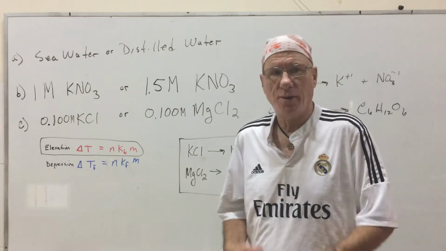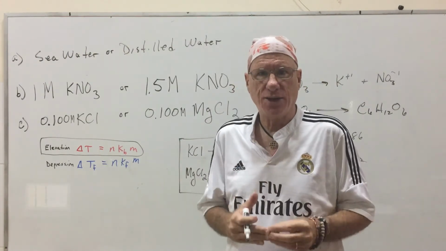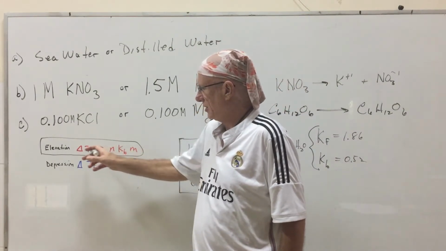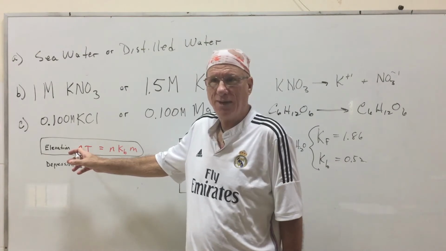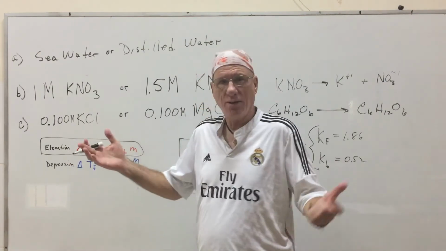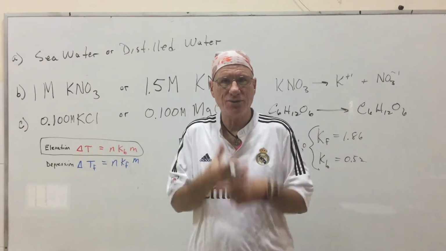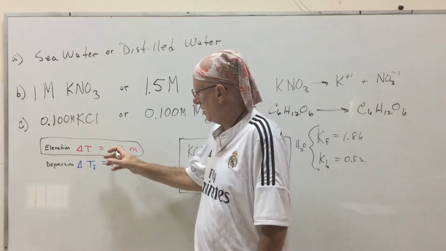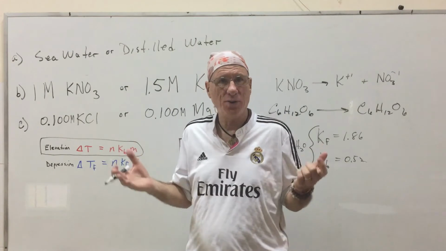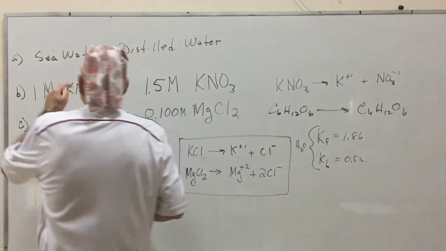Pure H2O has a boiling point of 100 degrees Celsius. It has no elevation. Has none. N would be 0. There's nothing ionized, there's no salts. So N is 0, so the increase would be 0. So 100 degrees Celsius would be the boiling point.